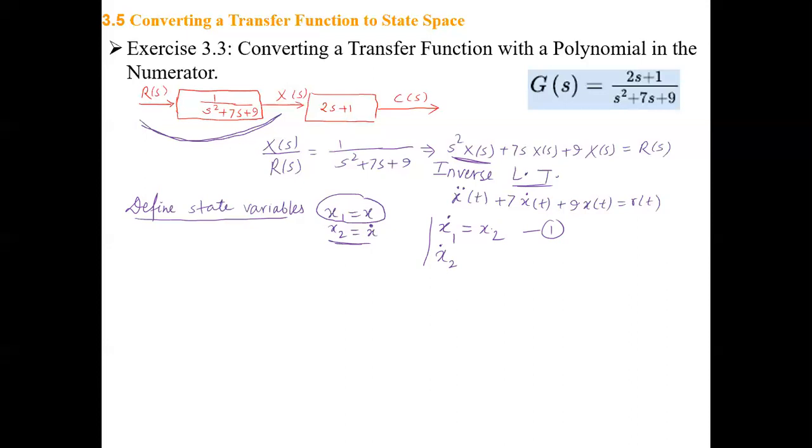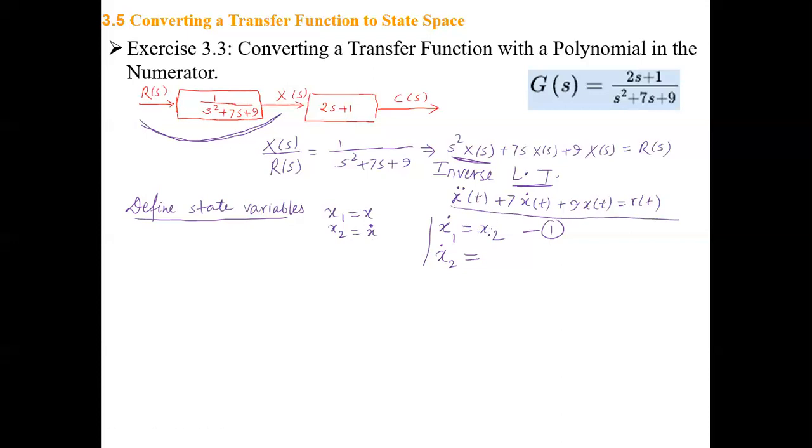Then what is x2 dot? x2 dot equals x double dot, right? Okay, so oops, I wrote x2 dot with a double dot there. That's what I meant: x2 dot equals x double dot. So what do you get for x double dot from here?